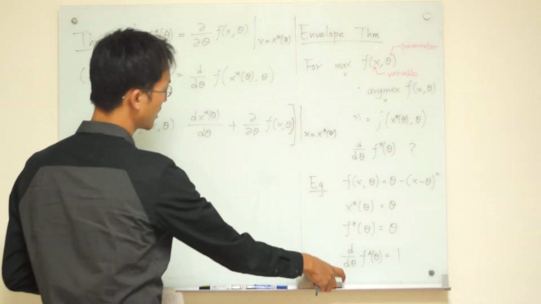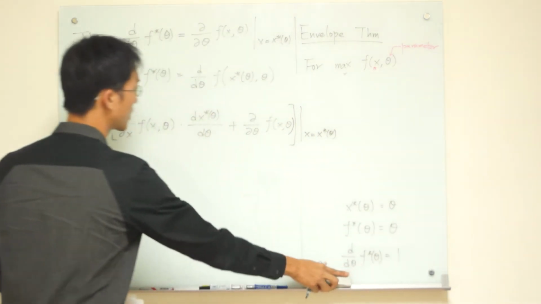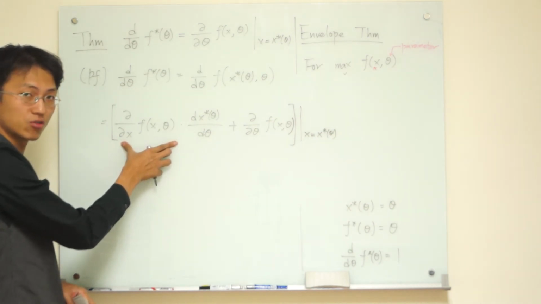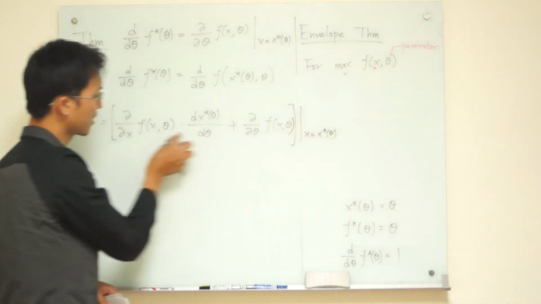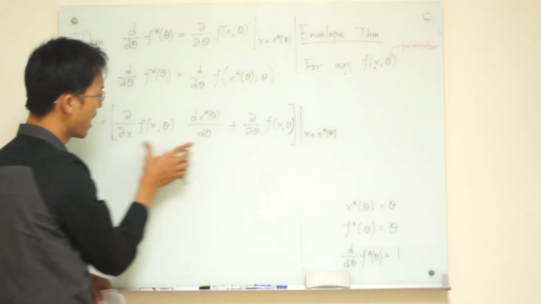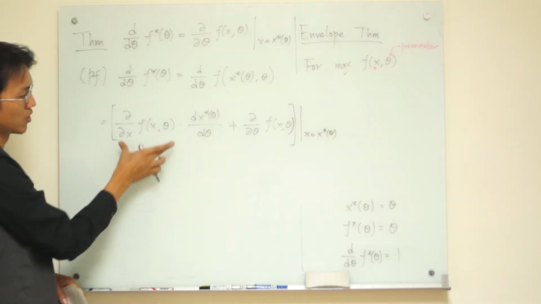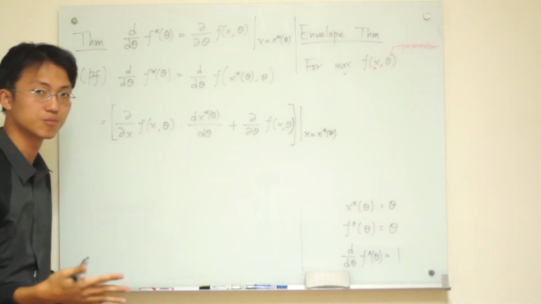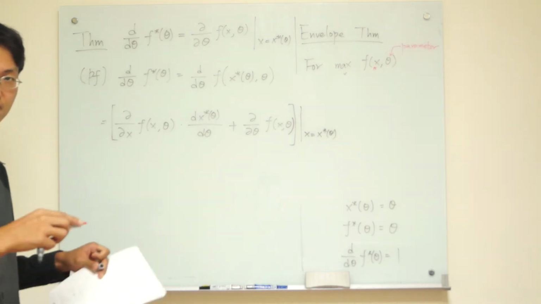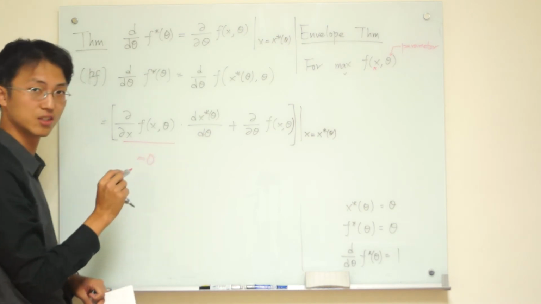If I do this, then things will be very interesting, because when I do the differentiation, first order derivative, and then plug in the optimal solution, I know if x star is an optimal solution, this plug-in must give me 0, right? Because I have the favorite first order condition.